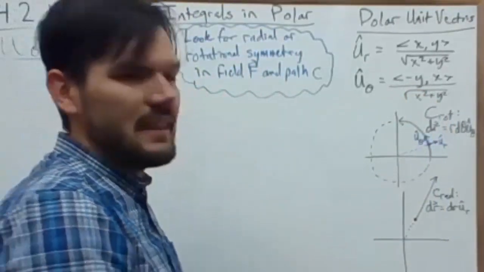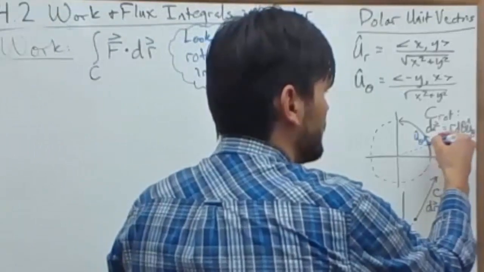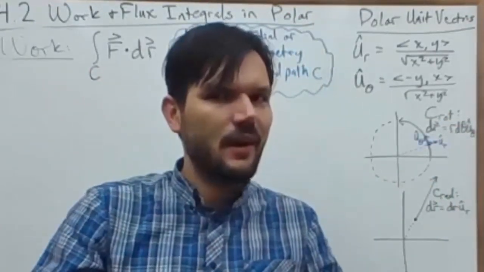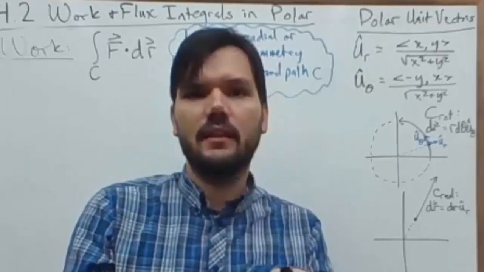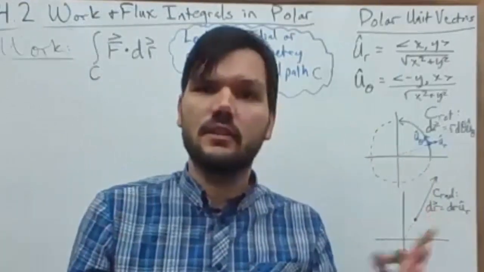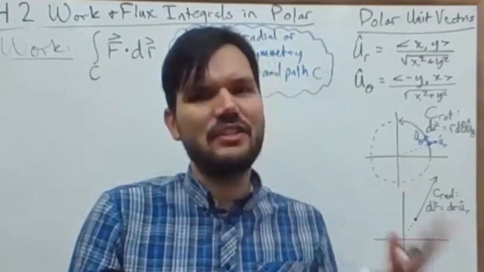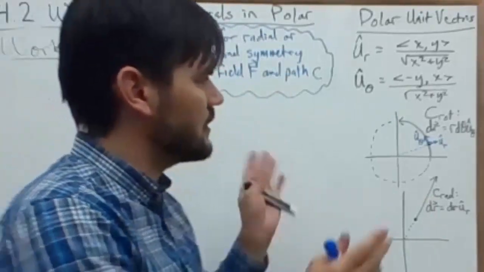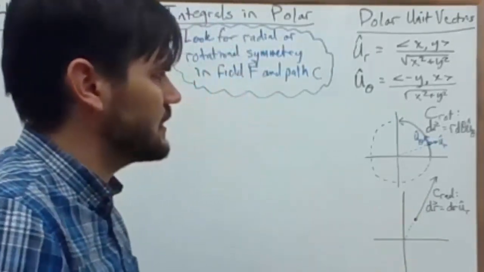And notice that they maintain a right angle between them, which means that they dot to zero. That's a very handy thing that we'll see later, is that these two unit vectors always dot to zero, just like i hat and j hat, directions of x and y, dot to zero. There's no overlap in a sense.